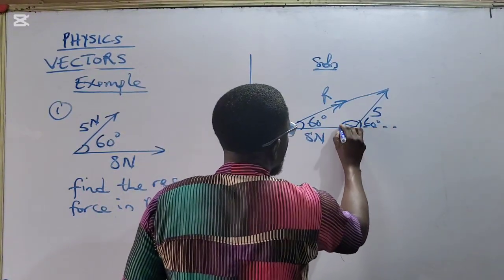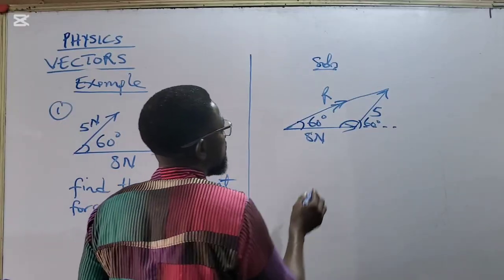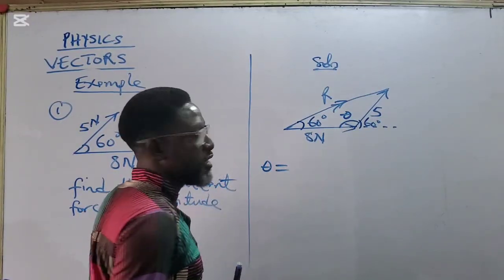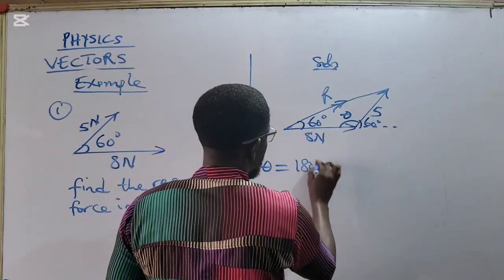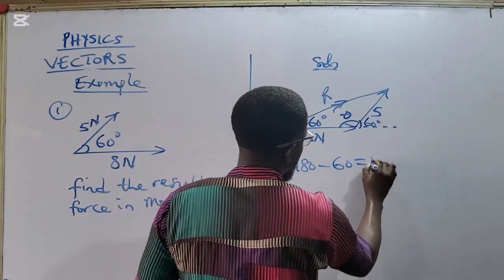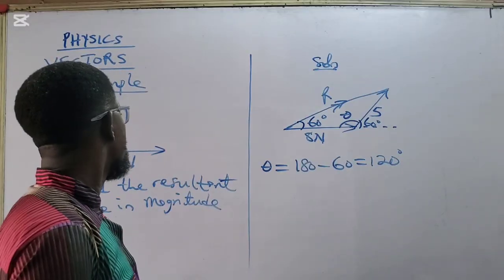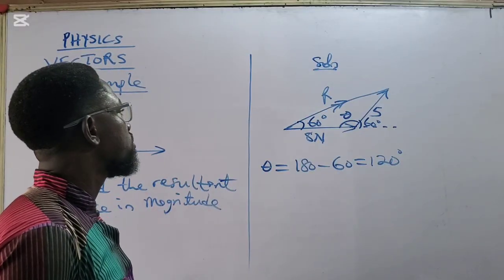So the inner angle here, we can obtain that, let's call that theta. A small angle on the straight line is 180, so I'll get 180 minus 60. That is 120 degrees.